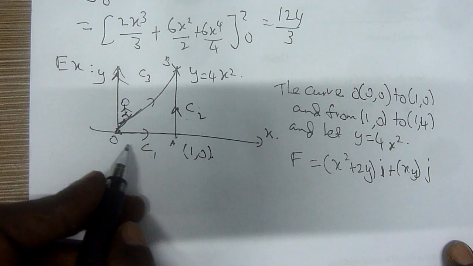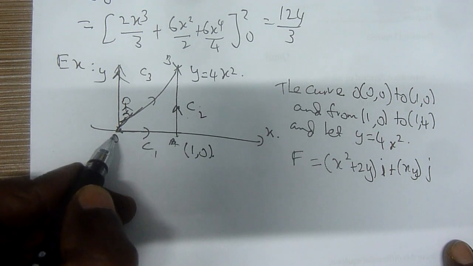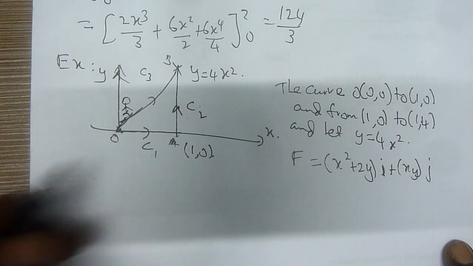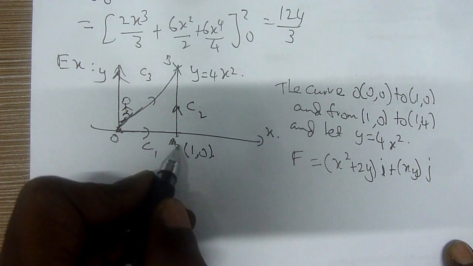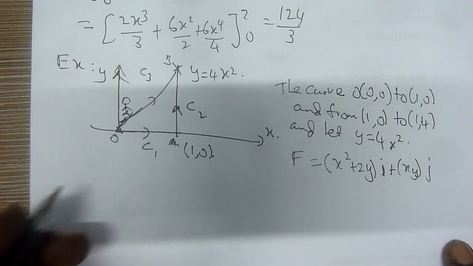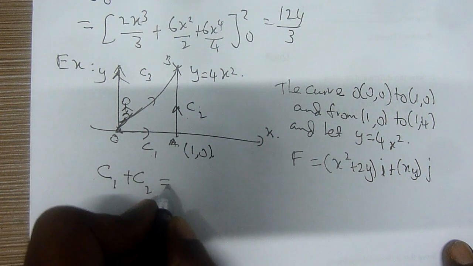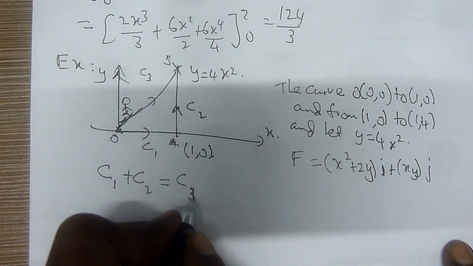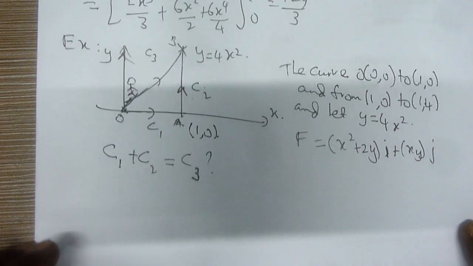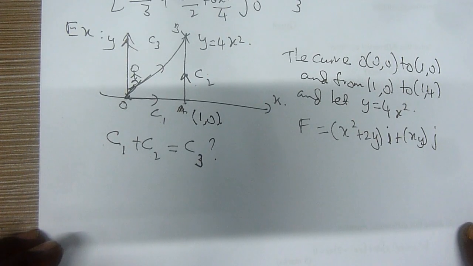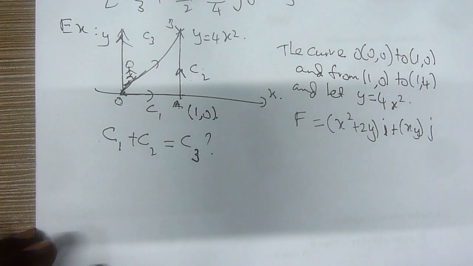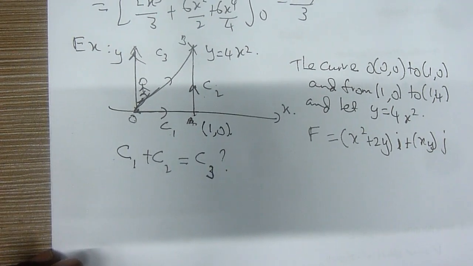Is the point 0 to B the same as 0 to A to B? No, right? Can I say that it equals C3? Simple question. Can I assume? Cannot. Let us try, and later we conclude.